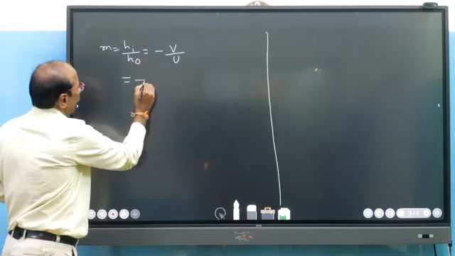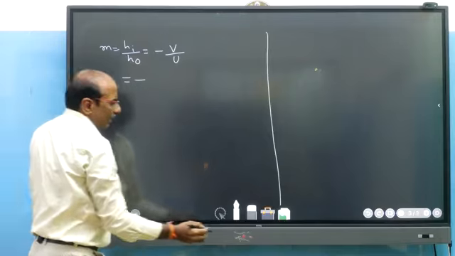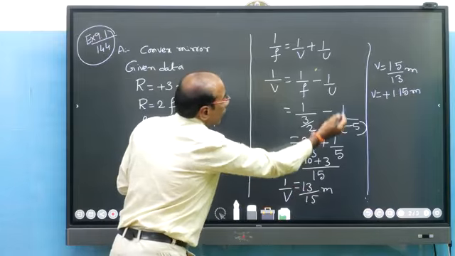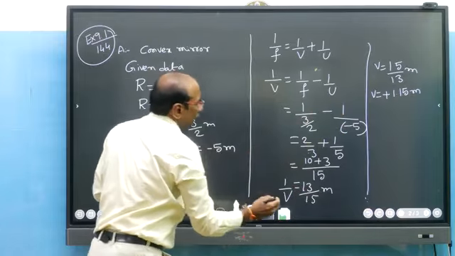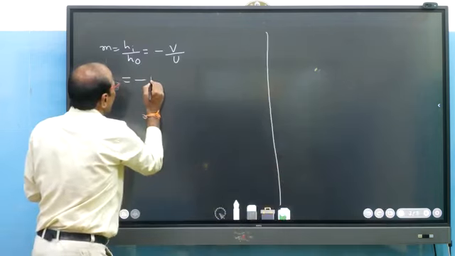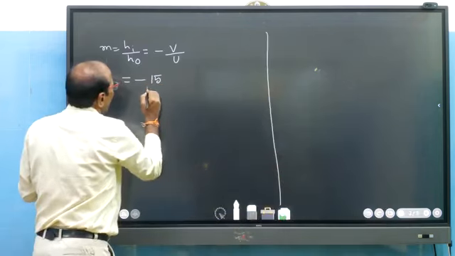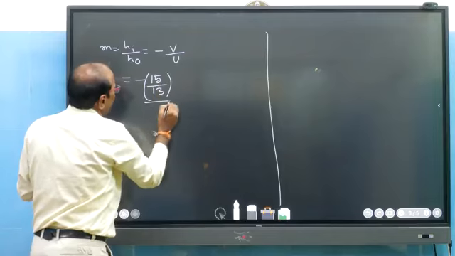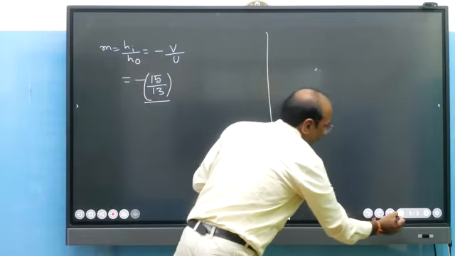What is the value of v? v equals 15 by 13 meter. So minus 15 by 13 meter divided by the u value.